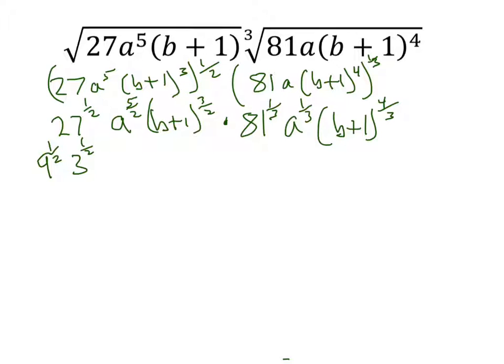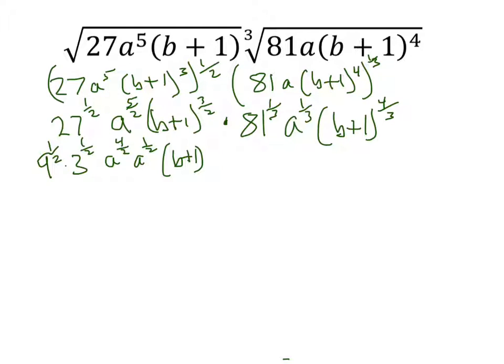So 27 to the 1/2 power, let's break it up. 9 to the 1/2, 3 to the 1/2. Okay, because we can deal with this part and not the other one. All right, here we've got a. Let's break this up. A to the 4/2 times a to the 1/2. Again, I can deal with this part, and we will in a second, but not that other one. So I'm doing the simplifying without all that radical business.